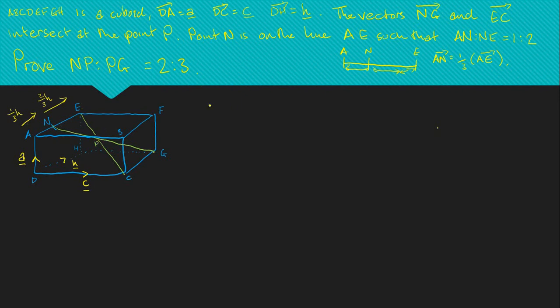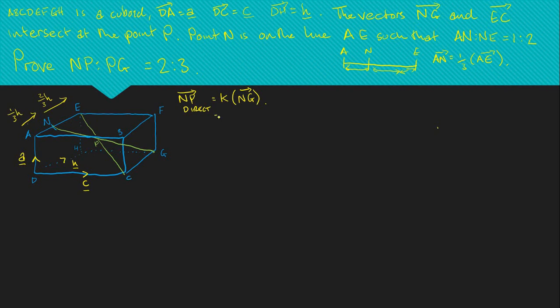So we're going to try to find two journeys. Now the journey that I'm going to use first is going to be N to P. I'm going to go direct. Now N to P directly will be k of N to G. It'll be some proportion, some scalar on N to G. It'll be some chunk along it.